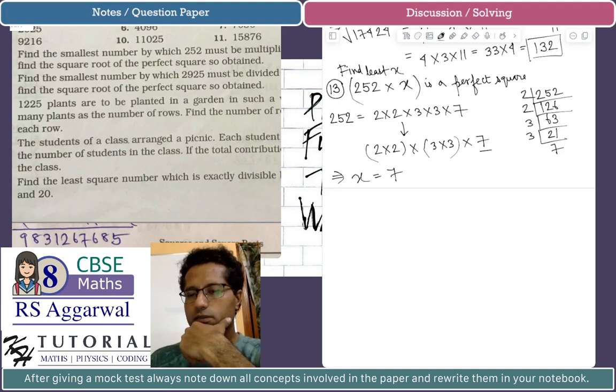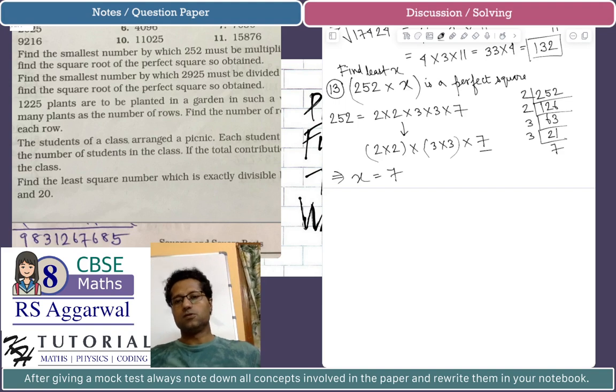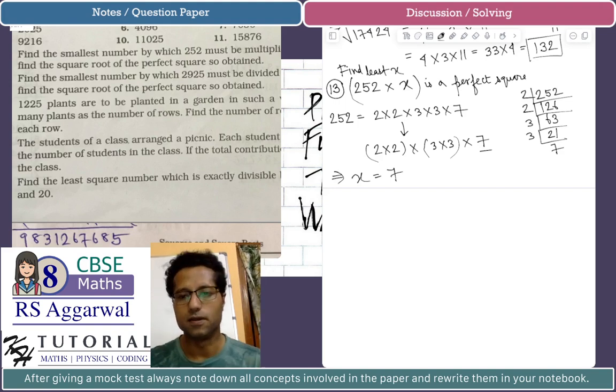For some other number, there could be multiple such prime factors which are not part of any pair, and we have to find the product of all those prime factors. In this problem, it is only 7. So 7 is the required least number that needs to be multiplied with 252 so that the result will be a perfect square.